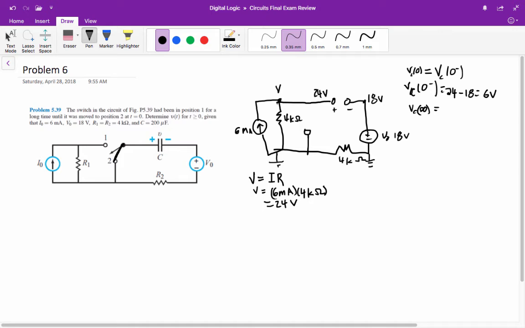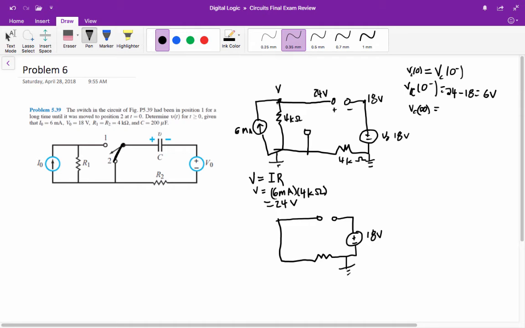Our circuit now will look like this: we'll still have an open circuit here because we will have gone to infinity, and this is at 18 volts.